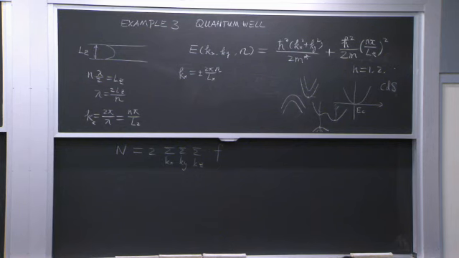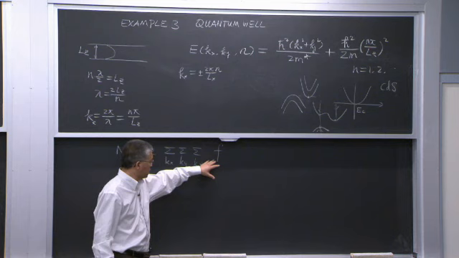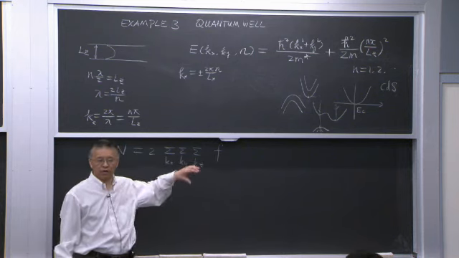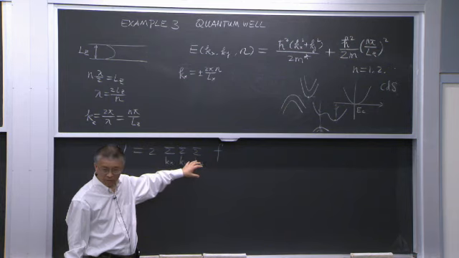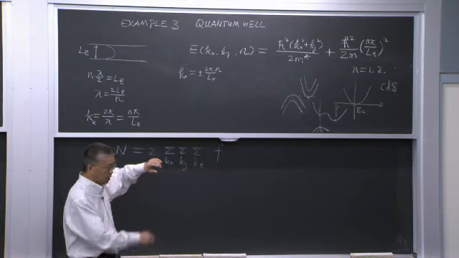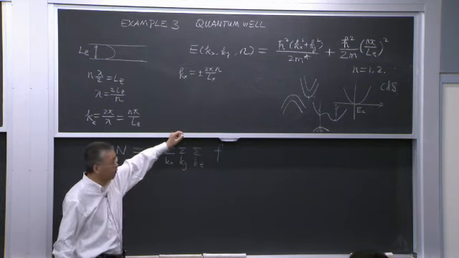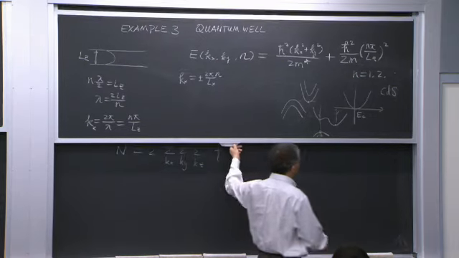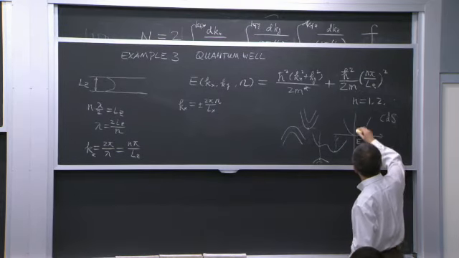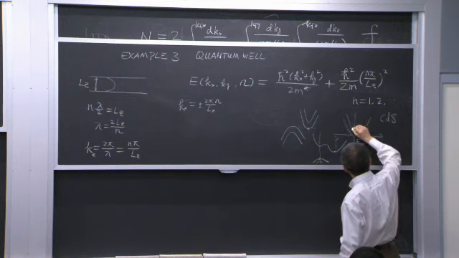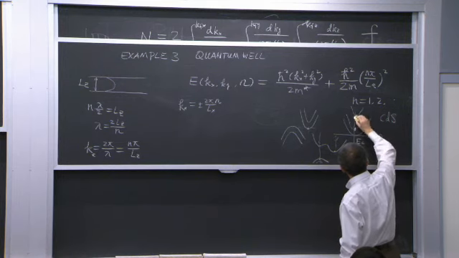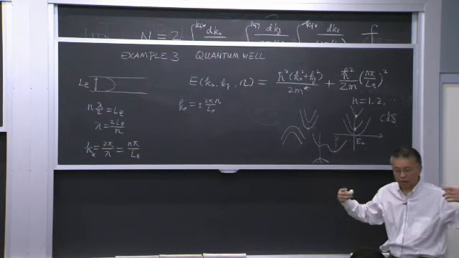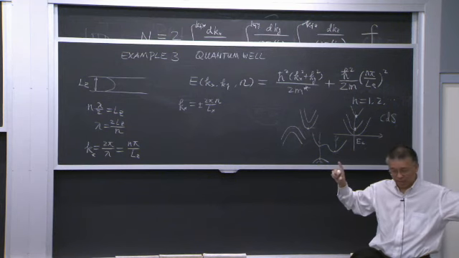In 3D, I said this f is a very slow function of kx, ky, kz, so I convert it into integration. But in 2D, in the z direction, between two consecutive energy levels, my first energy level is here, my second energy level is here, and between these two there are many kx, ky states.